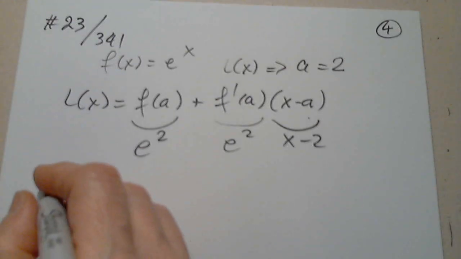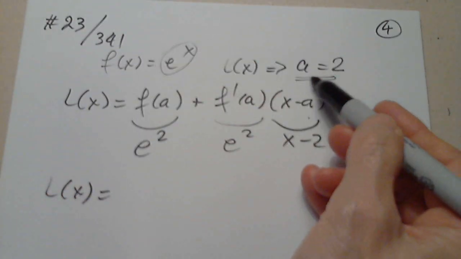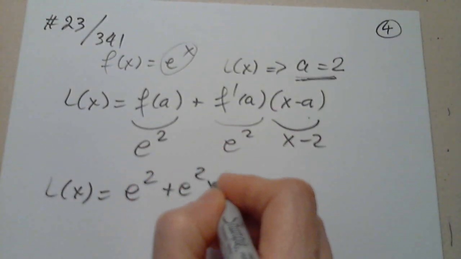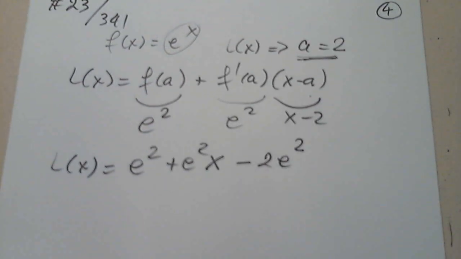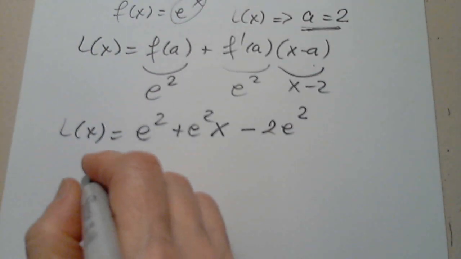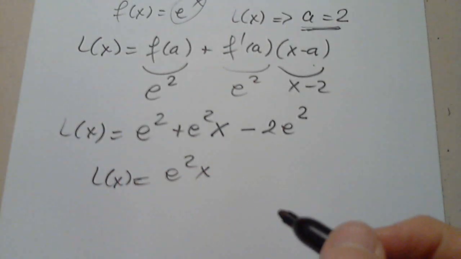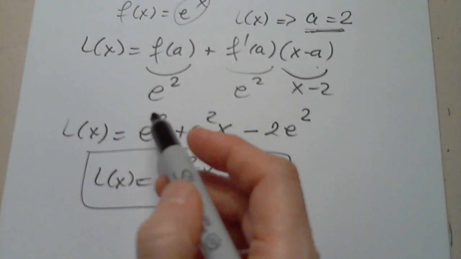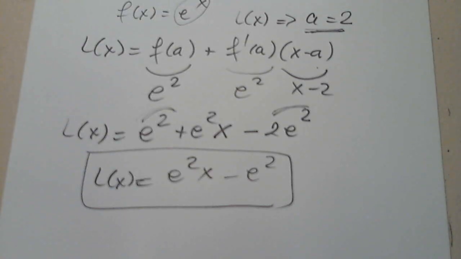So the linearization of this function near a equals 2 is e squared plus e squared times x minus 2, minus 2e squared. We have to combine like terms, so we get e squared x minus e squared, because these are like terms. 1 apple minus 2 apples.